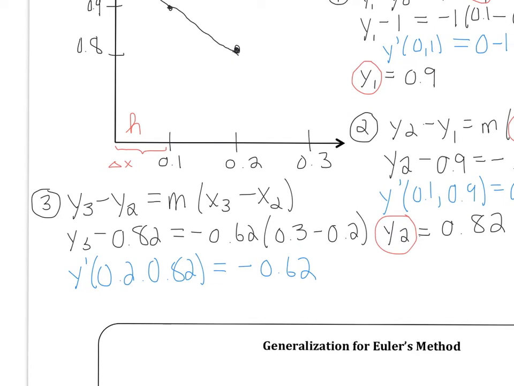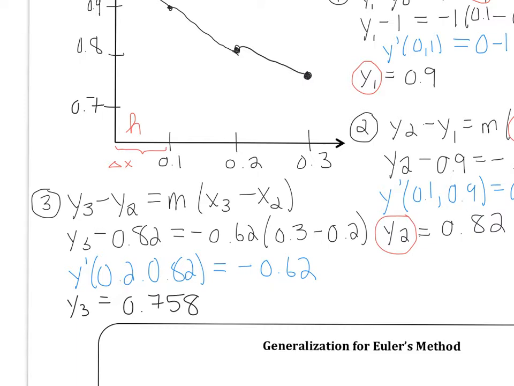When you simplify all of that and solve for y3, you should get that y3 equals 0.758. So let's plot that. I'm going to call this right here 0.7. So I am plotting the point 0.3 for x and 0.758 for y, so maybe about here. And then let's make the tangent line.